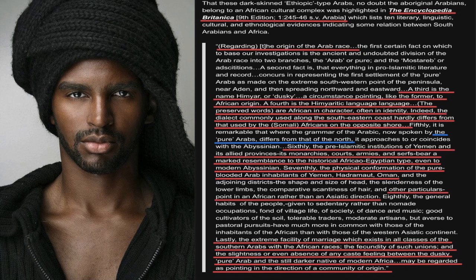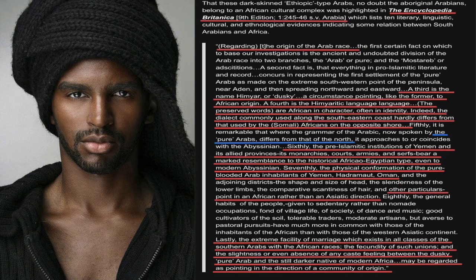The fourth is the Himyaritic language, are African in character, often in identity. Indeed, the dialect commonly used along the southeast coast hardly differs from that used by the Somali Africans on the opposite side. The pure Arabs differ from that of the north.